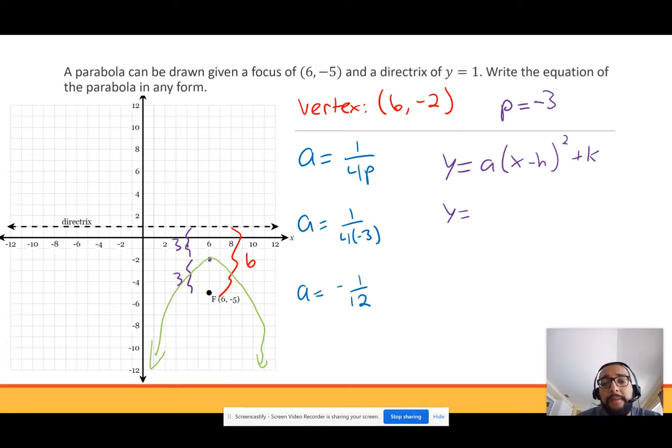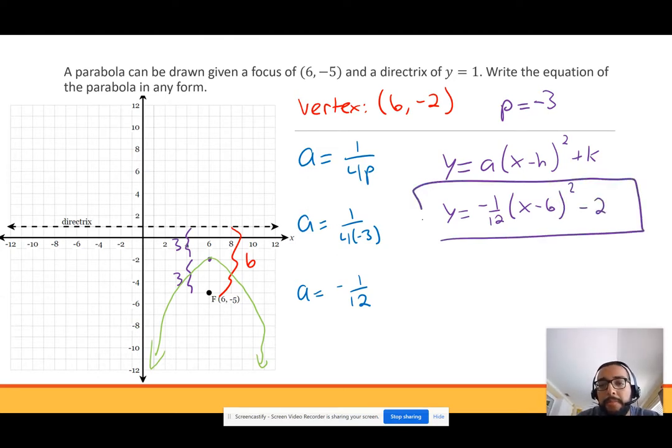Our a value again was just negative 1 over 12. Opposite h, since it's a positive 6, we'll say x minus 6 squared, and it's a negative 2. So y equals negative 1 over 12, x minus 6 squared minus 2.